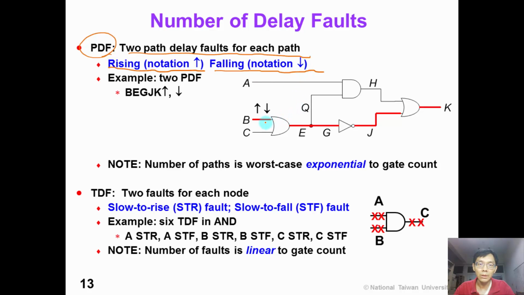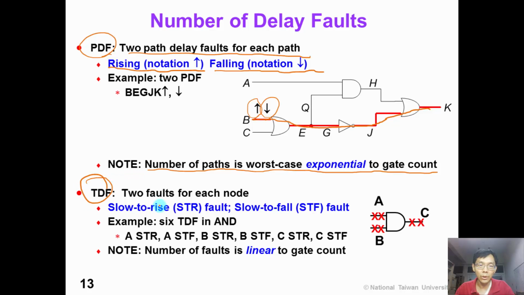In this example, for the path B, E, G, J, K, we have 2 path delay faults. Please note that the number of paths in a circuit can be worst case exponential to the gate count.